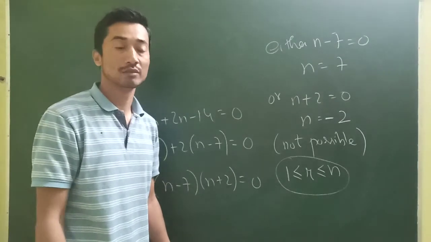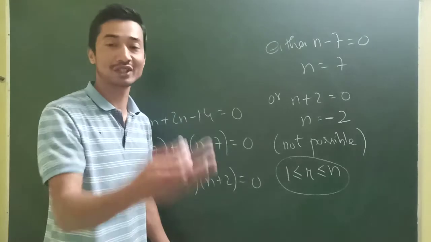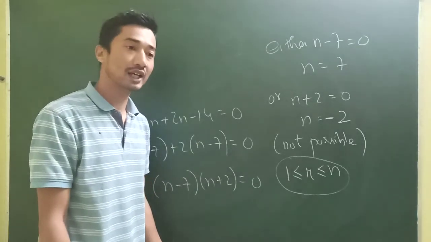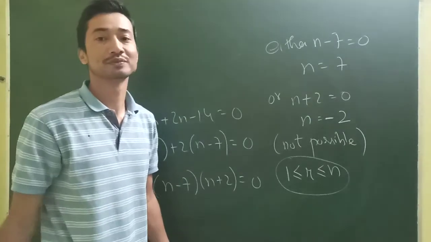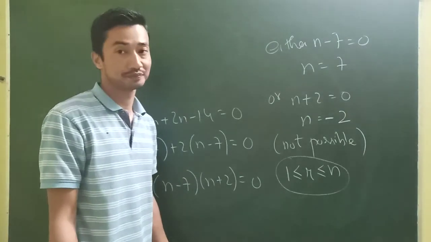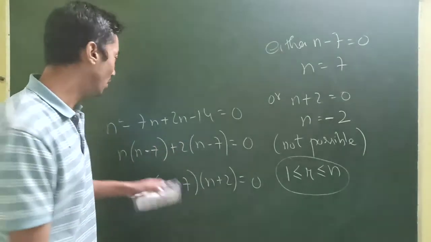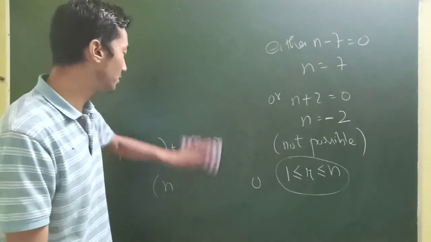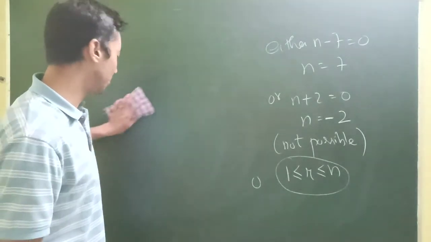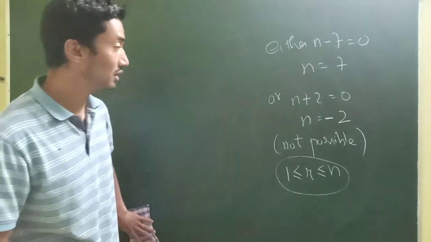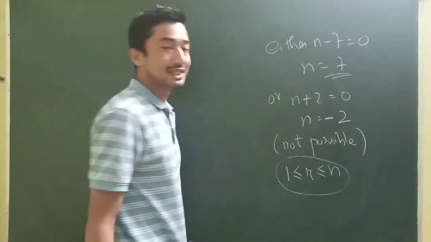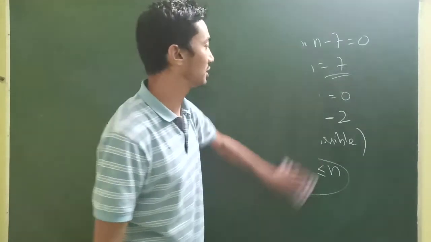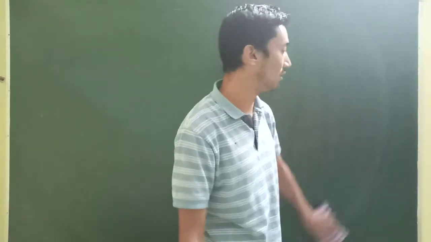No chance. Minus 3 tables, not possible. How can I have half a table? Is it possible? Half table, half human? No, that's not possible. So when we talk of objects, we talk in integers, positive integer terms only. So that's why the value of n will be 7. Minus 2 will not be possible, so it will be simply ignored.